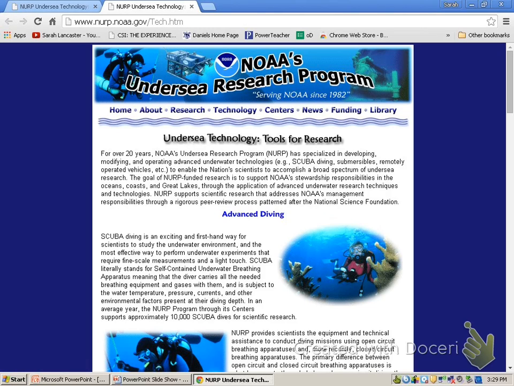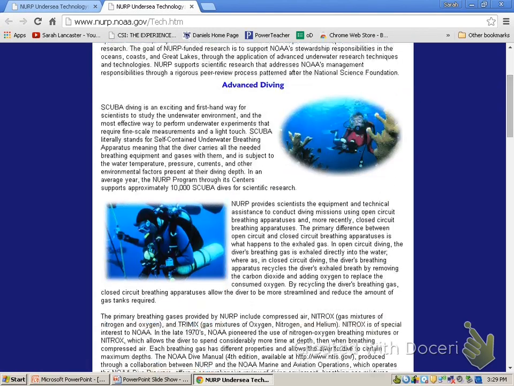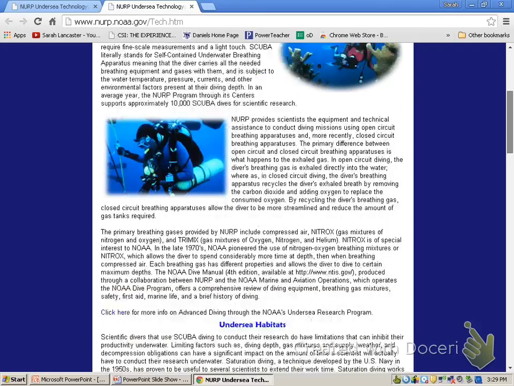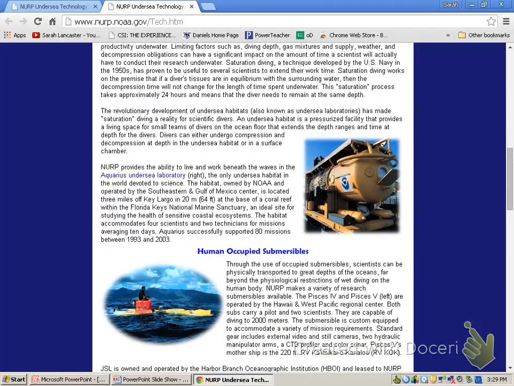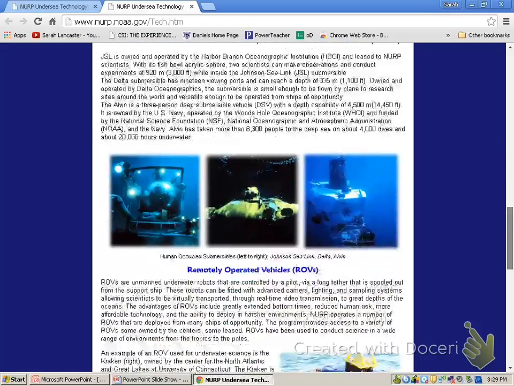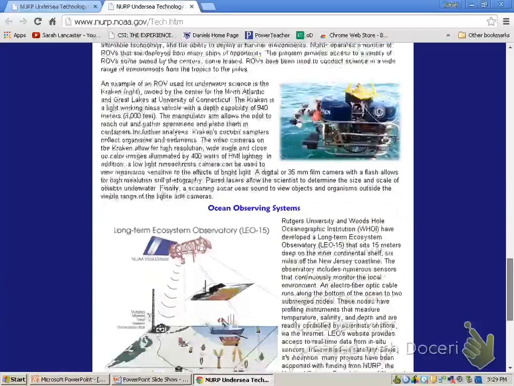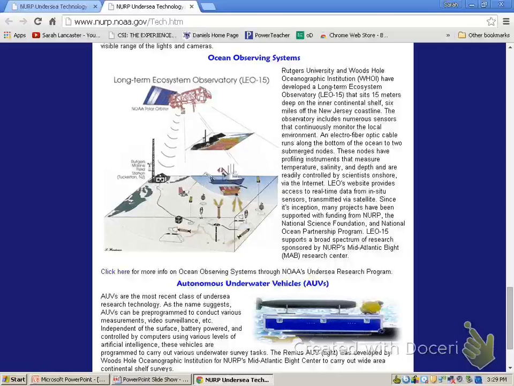And some of the tools we use to learn are obviously diving. We have underwater submersibles. Some are remotely operated. They're called ROVs. Some are human occupied, and they can be 1-man, 3-man. We have a lot of ships that are roving laboratories out on the ocean, and they send the vehicles down and they collect data.